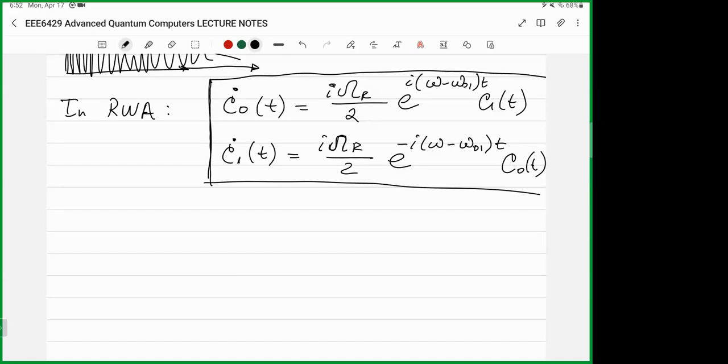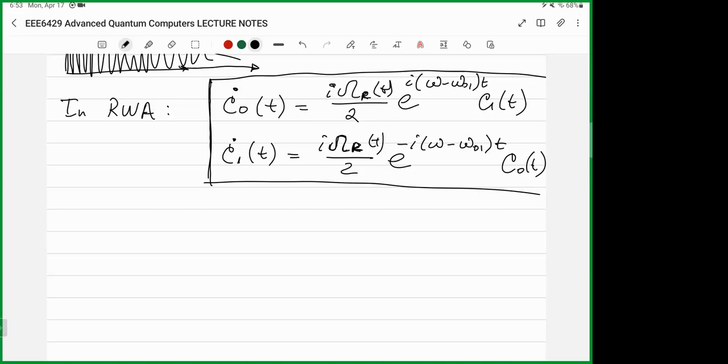The electromagnetic field strength enters the Rabi frequency. So this Rabi frequency is a function of time and also a function of amplitude of the field, dipole moment of the qubit, right?